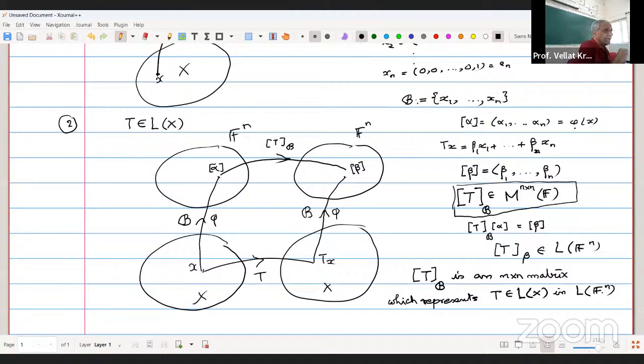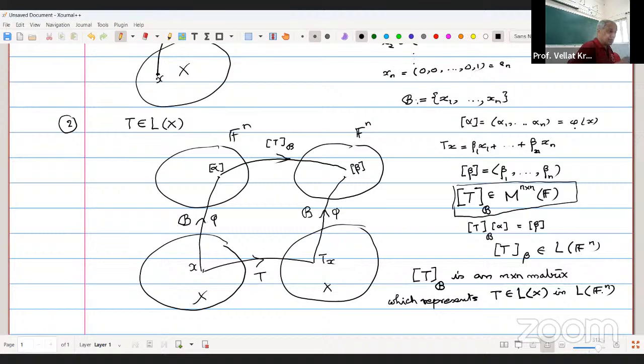Now, whenever you take a linear transformation on X, there is a linear transformation from Fn to Fn. And that is represented by the n by n matrix, represented by bracket T. I put B also to identify this. Therefore, once you fix B, this representation is uniquely determined.